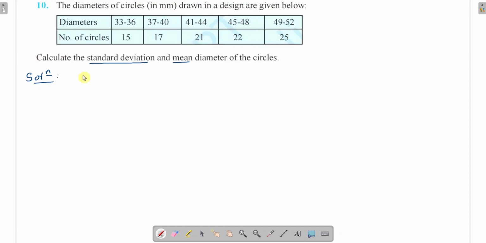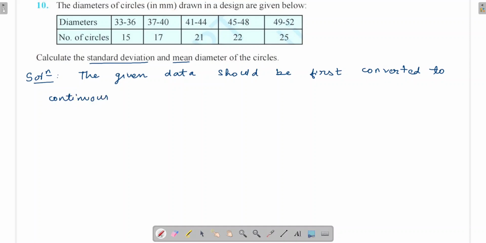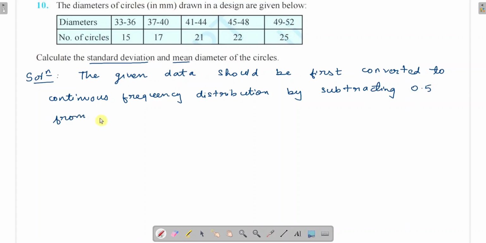Okay, so the given data should be first converted to continuous frequency distribution by subtracting 0.5 from the lower limit and adding 0.5 to the upper limit of each class interval.